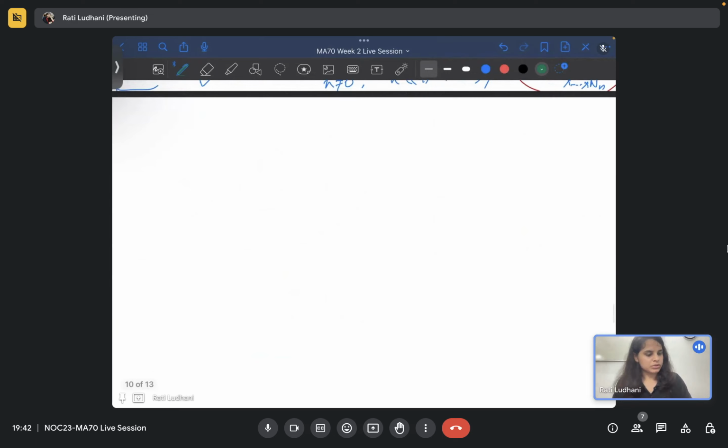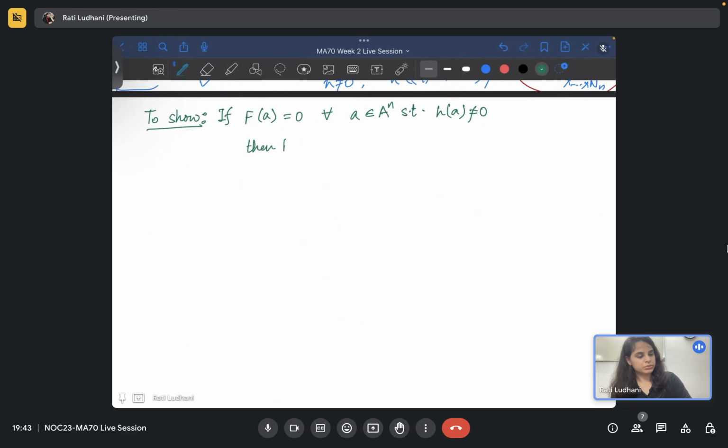First thing to show, from the question itself: if f(a) is equal to 0 for all a belonging to A^n such that h(a) is not equal to 0, then f is equal to 0, where A is an infinite integral domain.